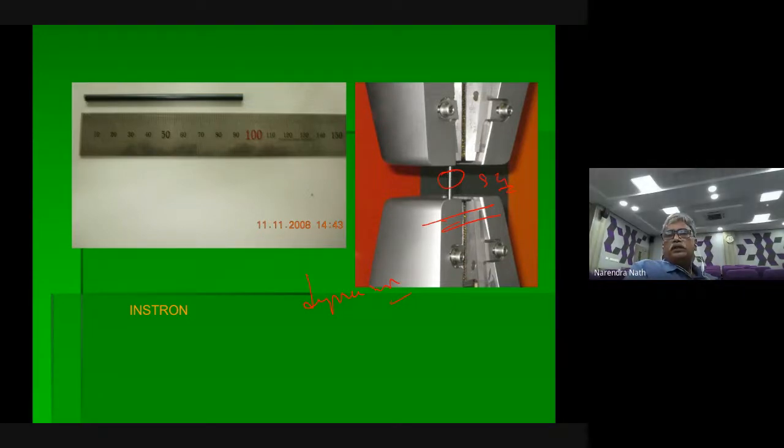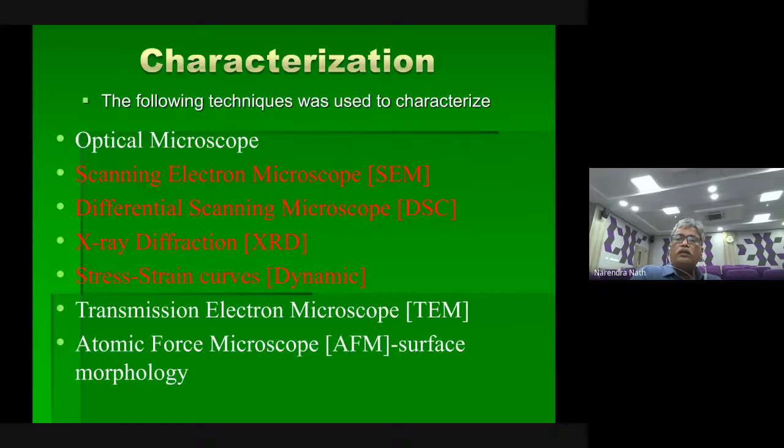When you measure here, what is the guarantee that there is no slippage in the grips? If any slippage is there in the grips, naturally it affects. Your strain, whatever percentage of strain you are showing, includes your grip slippage also. So you have to ensure that. That is one error people make.